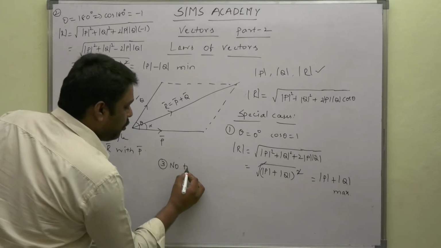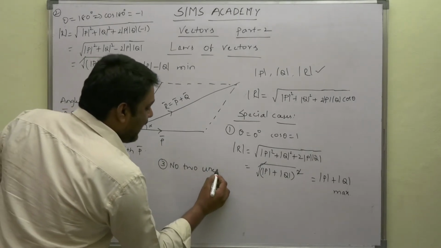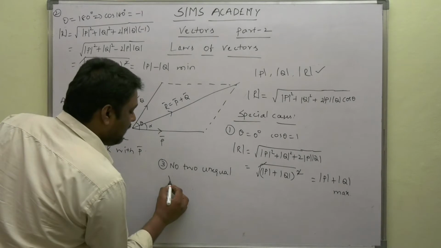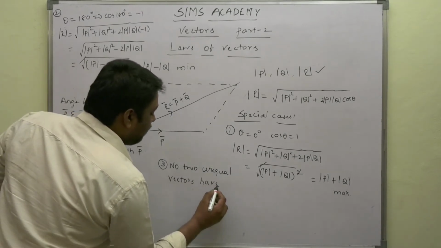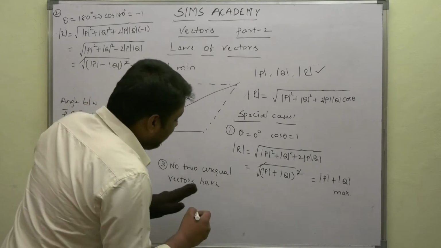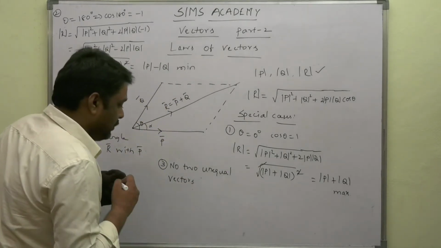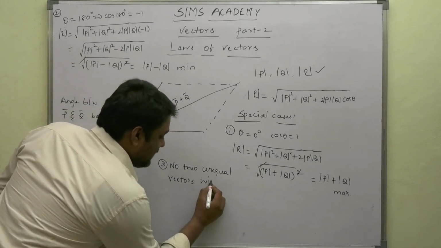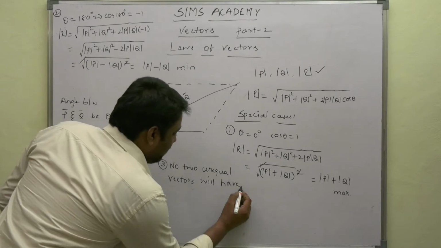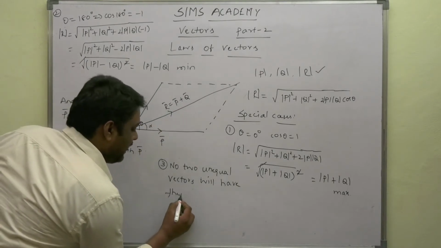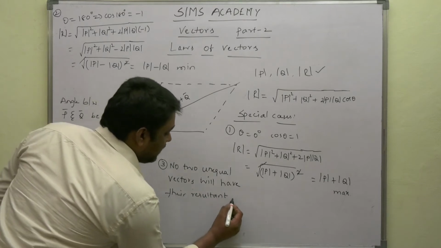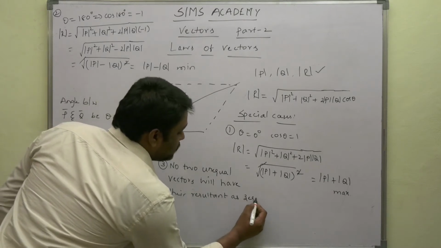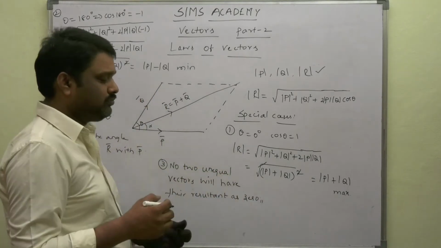No two unequal vectors will have their resultant as 0.